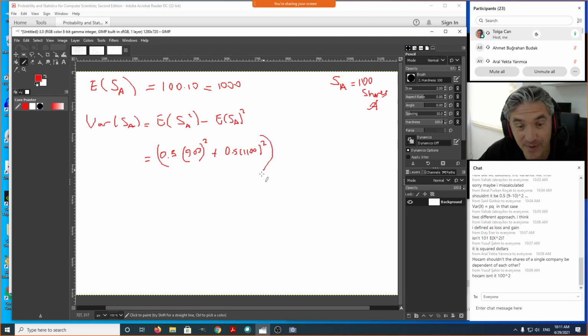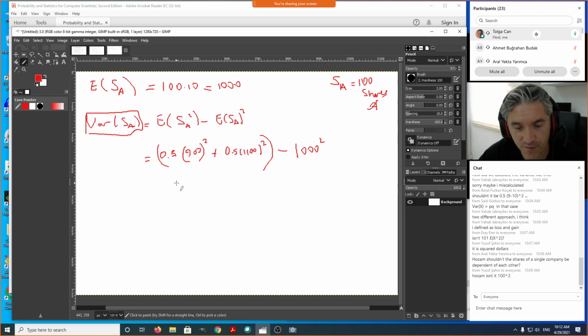This is the expected value of SA squared; subtract from it 1000 squared. So this is the variance in 100 shares of A. And if you take a look at this, 81... so it's going to be 810,000.